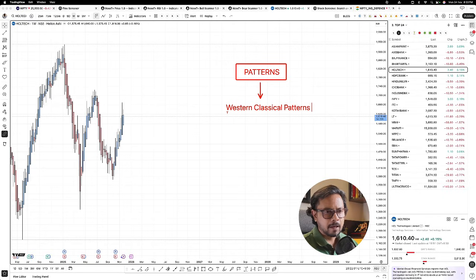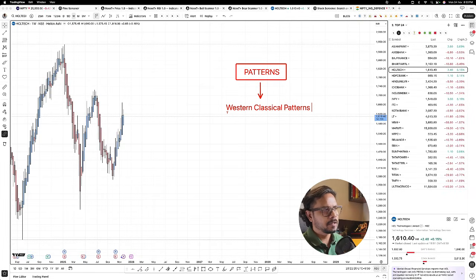And so if you pick up any of the basic books like John J. Murphy or a classic basic book like Edwards and Magee, by the time you are on the 3rd or the 4th chapter, you will come to the concept of pattern.